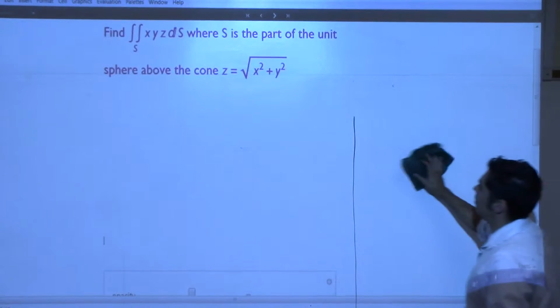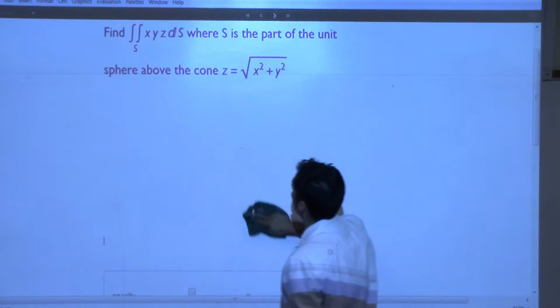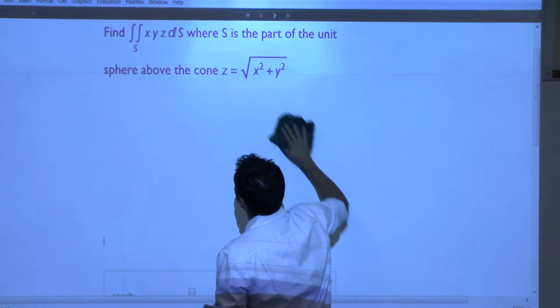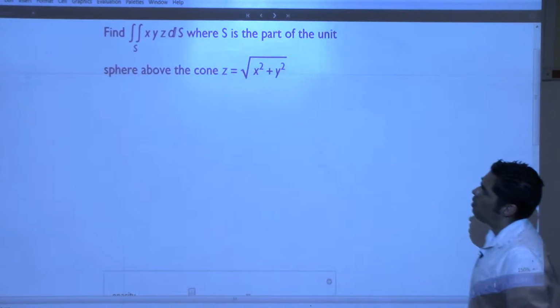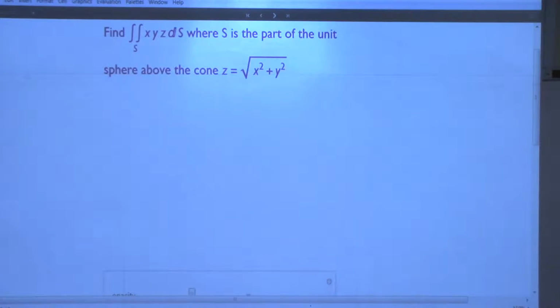Find the surface integral over the surface S of x, y, z with respect to surface area of the part of the unit sphere above the cone z equals the square root of x squared plus y squared. Should we even try to draw it? Yeah, I'm going to try and draw it.